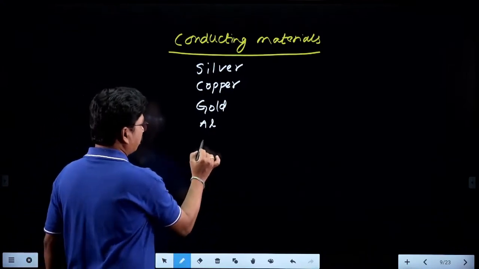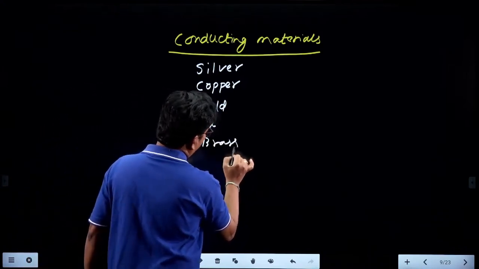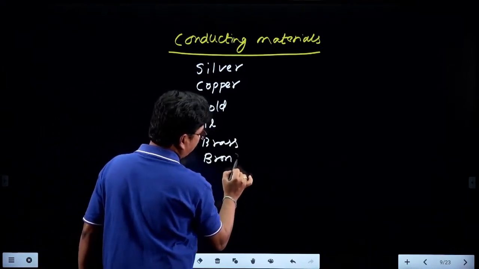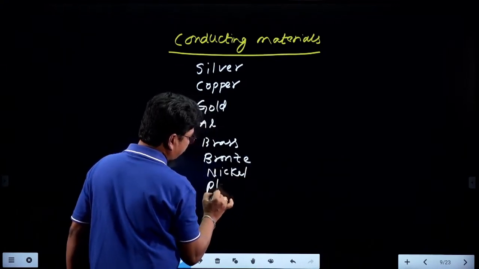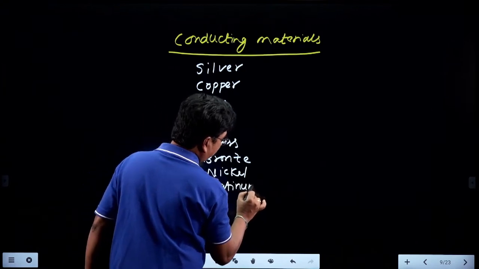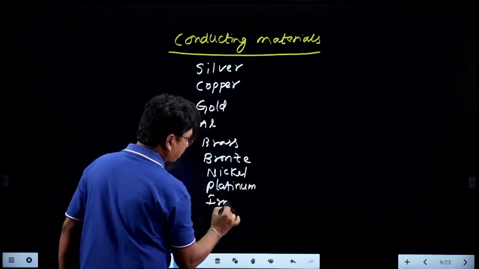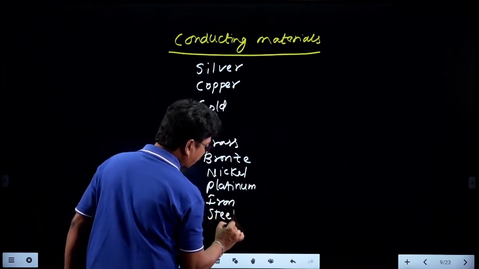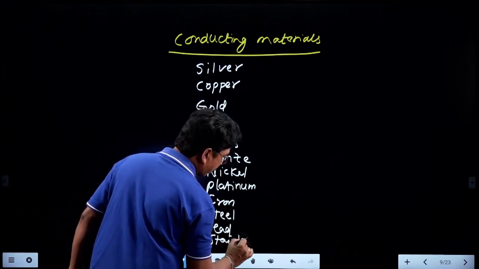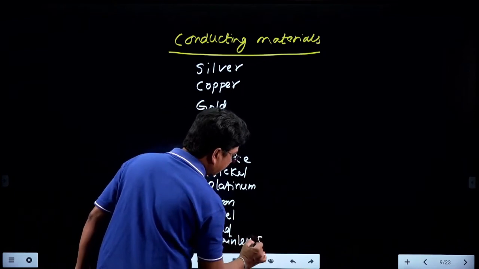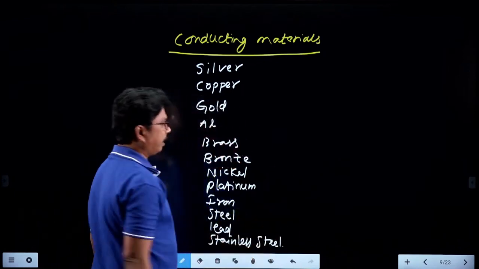So we can take brass, bronze, nickel, platinum, right? Iron, steel, lead, stainless steel. Like that we have the elements.